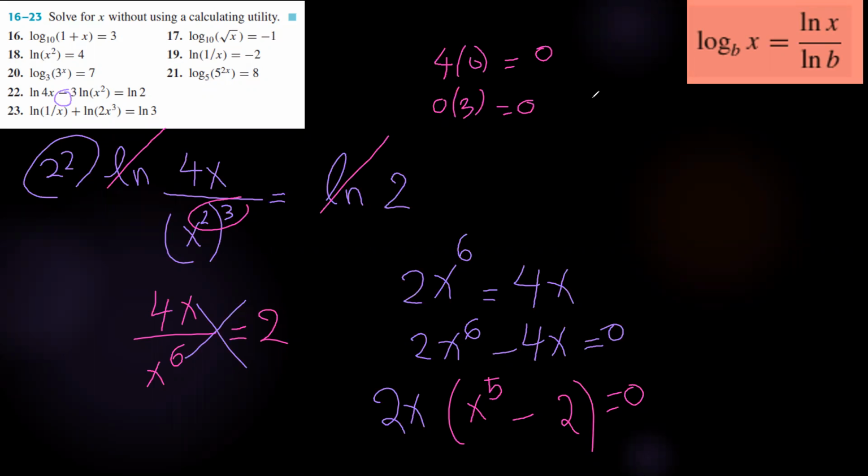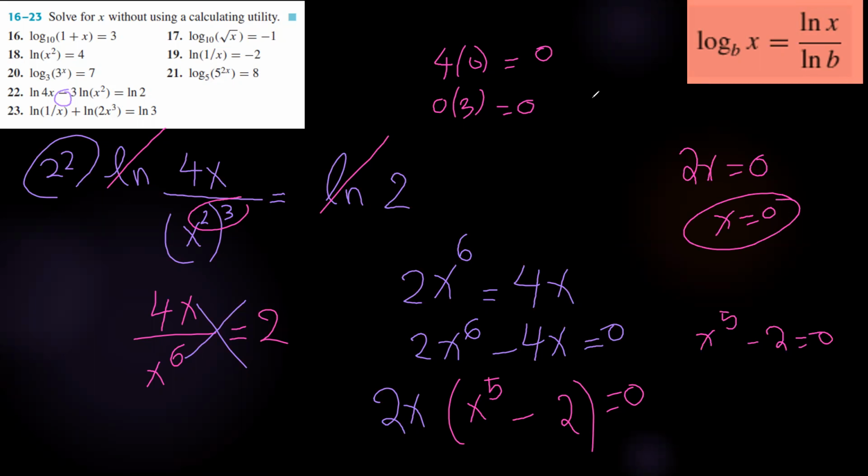So here it's the same. We have 2x times (x to the power 5 minus 2) equals 0. So one of them must be 0. It could be 2x or it could be x to the power 5 minus 2. If 2x is 0, then x will be 0.